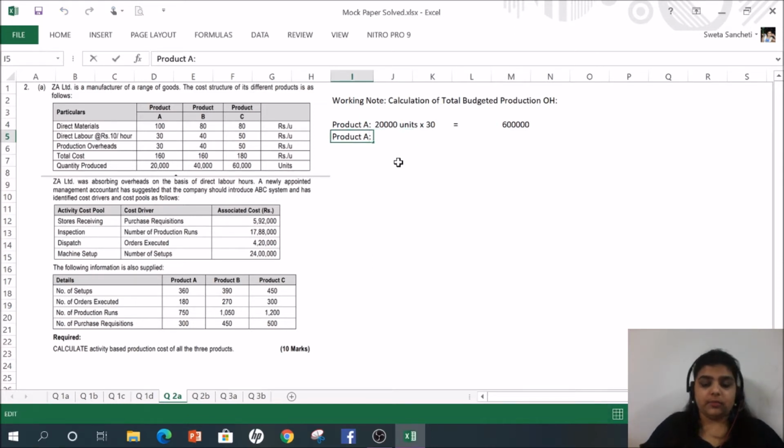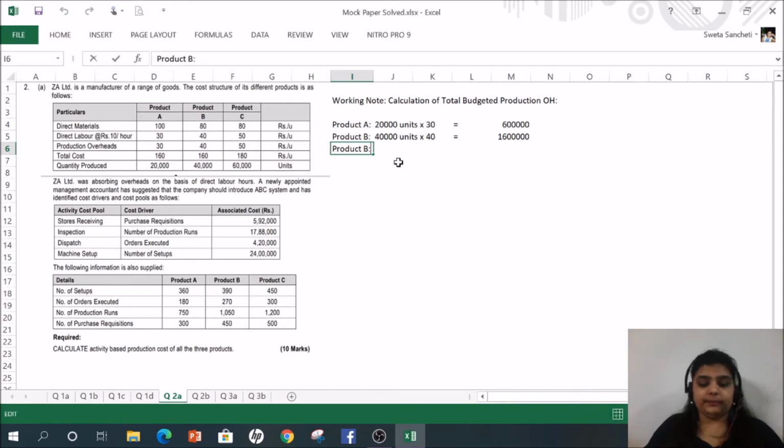Similarly for product B, we have 40,000 units and we are absorbing rupees 40 per unit. So that would be 40,000 into 40.